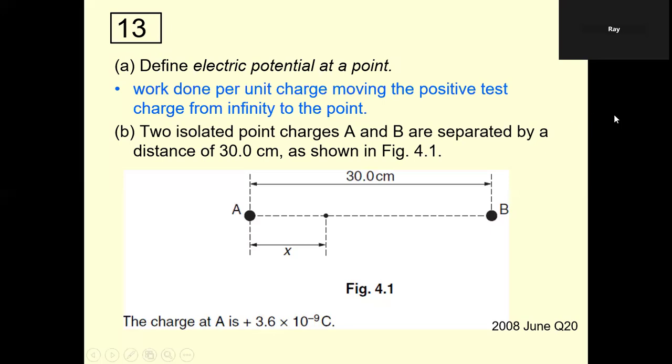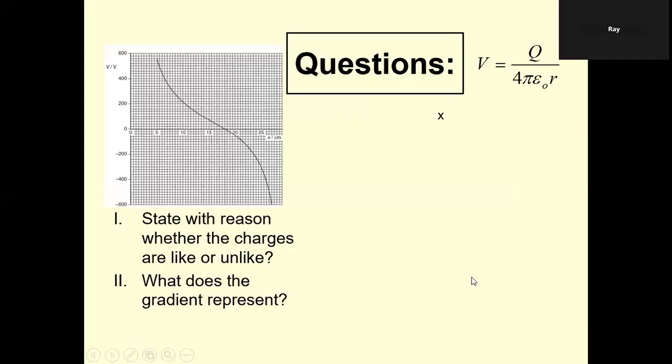Two isolated point charges, A and B, are separated by 30 cm as shown in figure 5.1. Charge at A is 3.6 times 10 to the power minus 19 coulomb. That's the graph that's given. That's the equation for potential difference that you can get from the formula sheet.